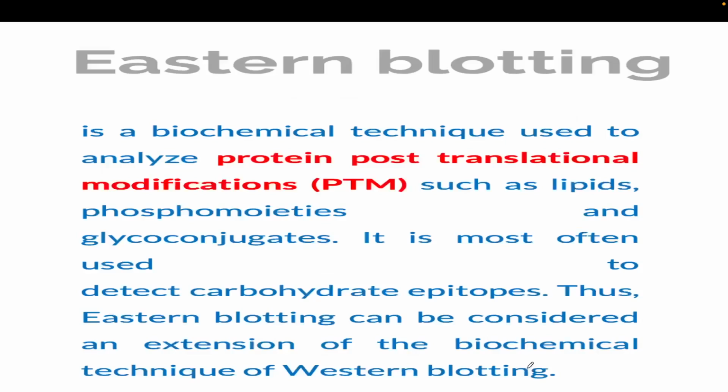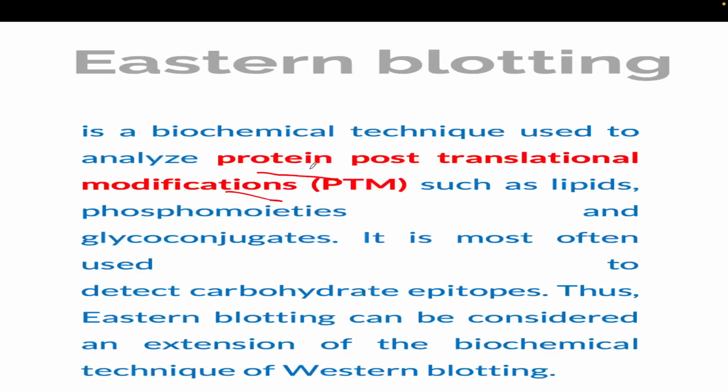Apart from these three blotting techniques, recently there is eastern blotting, which is most commonly used for protein post-translational modification. We can say it is an extension of western blotting, because here it is also identifying the protein, not the protein expression, but what kind of post-translational modification is there.